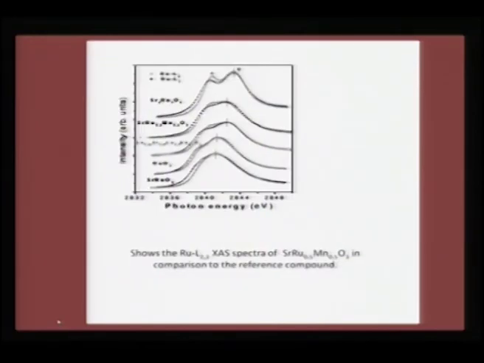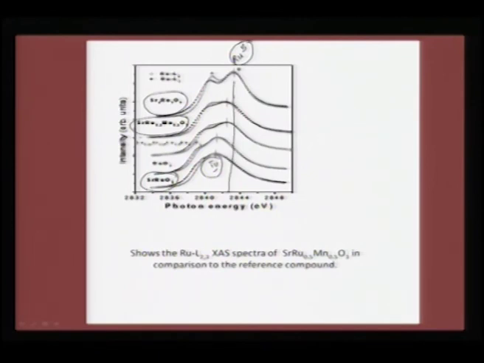So let us take a comparison now. We will compare it with SrRuO3, which is 4 plus state, and here is another well known Sr4Ru2O9, which actually shows ruthenium in 5 plus state. Now if you compare the Sr-Ru-Mn signal, it is neither in the SrRuO3 state, which is 4 plus, nor in the Sr4Ru2O9 state, which is 5 plus.